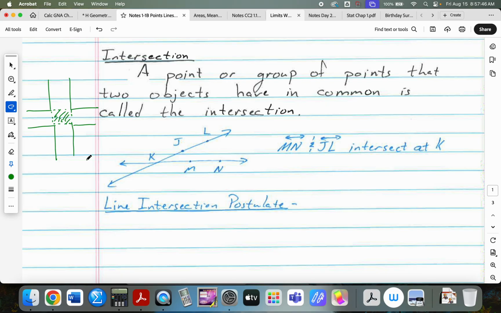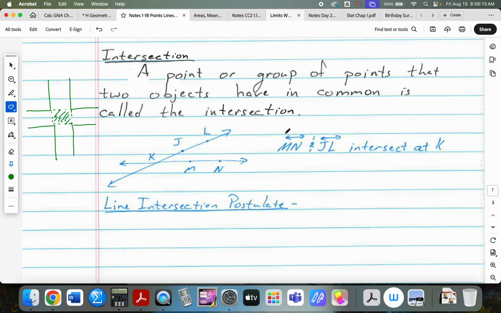All right, thank you. Have a seat. So who is the intersection for that? Yeah, Jose is the intersection because he's part of both groups. Now, the intersection doesn't have to be just one thing, it can be multiple things. So a point or a group of points that two objects have in common is called the intersection.